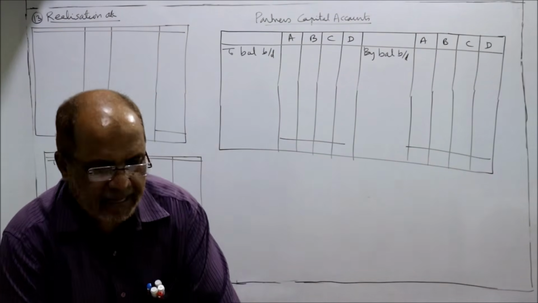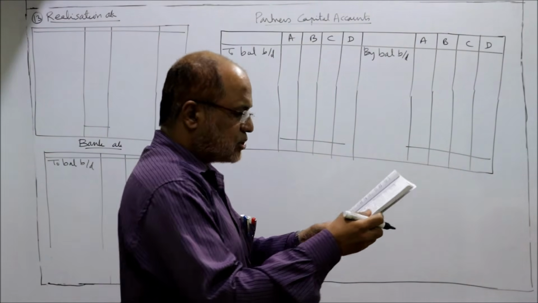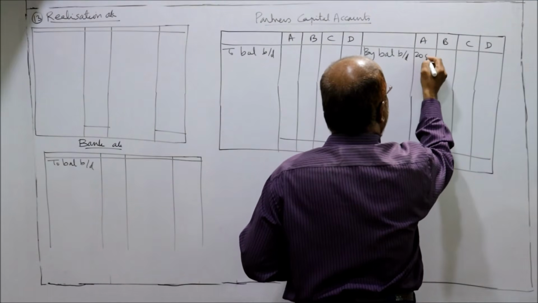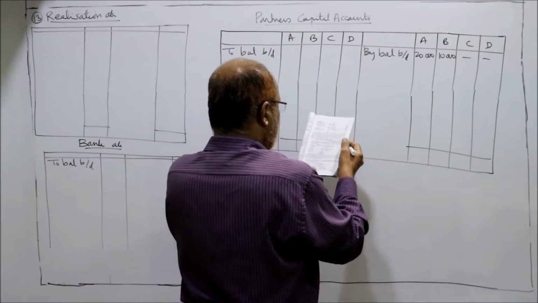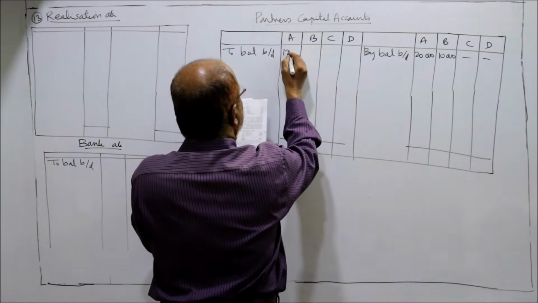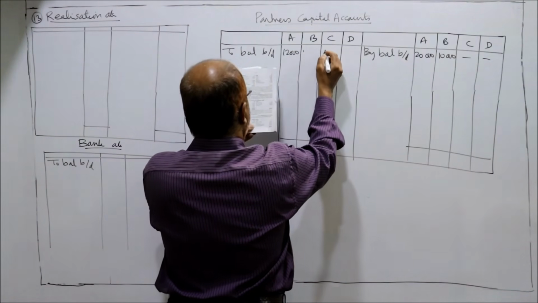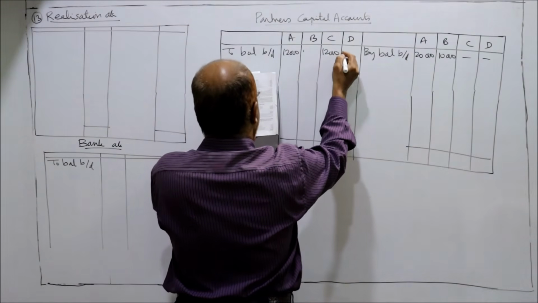So two partners A and B are showing a credit balance, 20,000, 10,000. And C and D are showing a debit balance, 12,000 and 5,000.